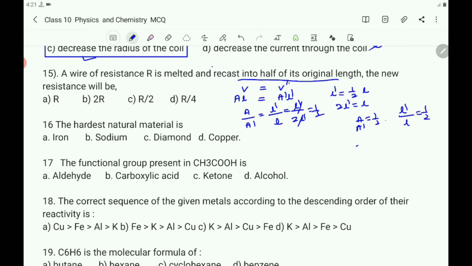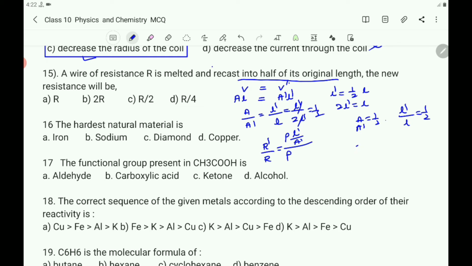Now let us have the relation for the resistance, that is R dash by R. Here we have to find out R dash. R dash you take rho into L dash by A dash, because here it is R dash.